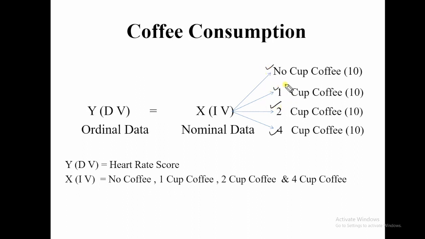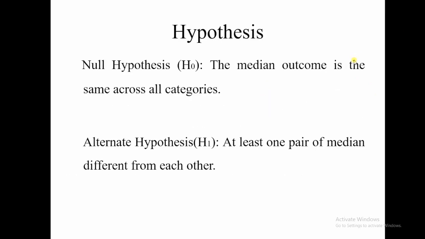So here we will take the median value of each group of 10 participants, and we are comparing the median values. This data is continuous, but the data is not normal or not homogeneous. That is why we are using the Kruskal-Wallis test instead of the analysis of variance.